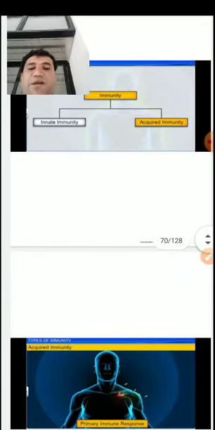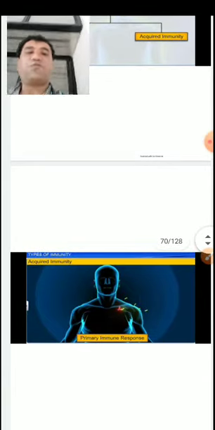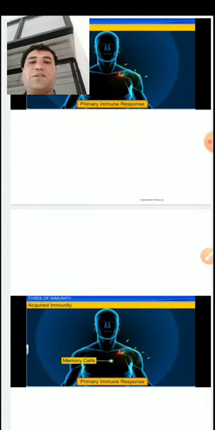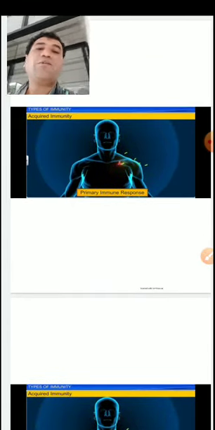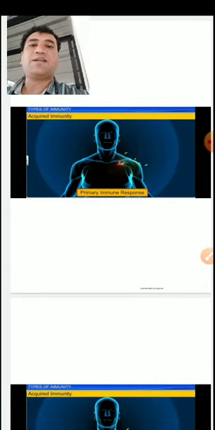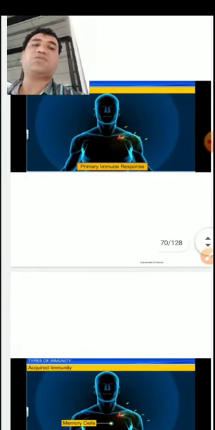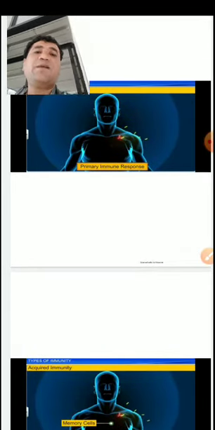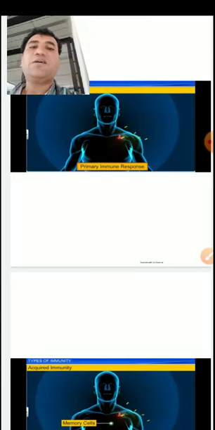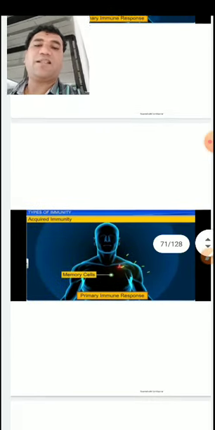Coming to the acquired immunity, it is of two types. One is called primary immune response, the second is called secondary immune response. In the primary response, when a weak antigen is exposed to the body, the body identifies it and produces antibodies to it. When the same microorganism enters the second time, the response is antigen specific, and they will fight and kill the organism.